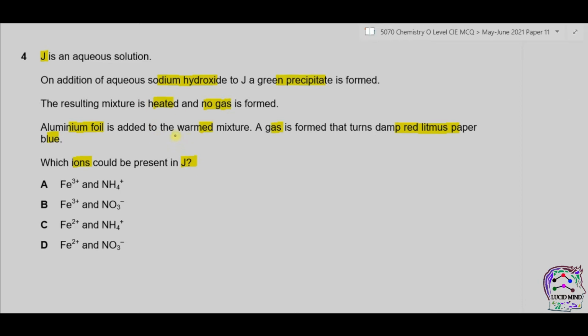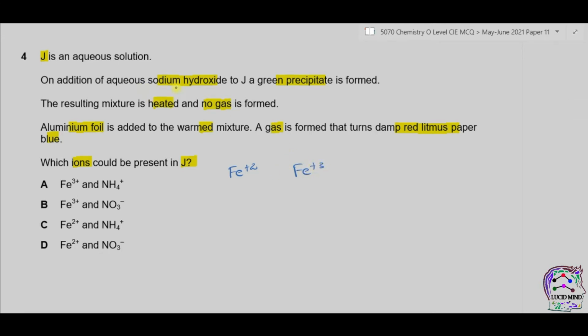Now this question is from the identification of cations and anions. Among cations, we have iron +3 and iron +2. Now we are going to see which changes come for these two.